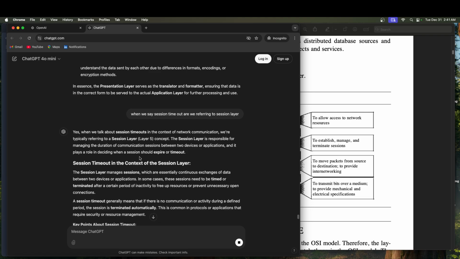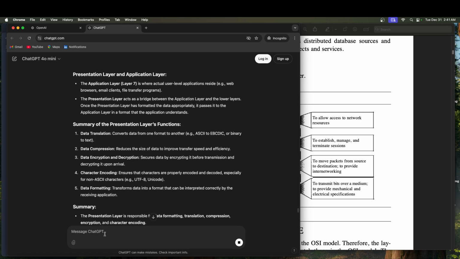Then is this website timeout at the session layer?